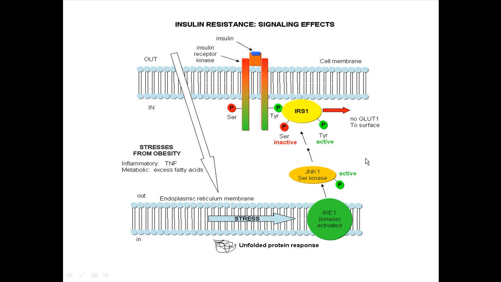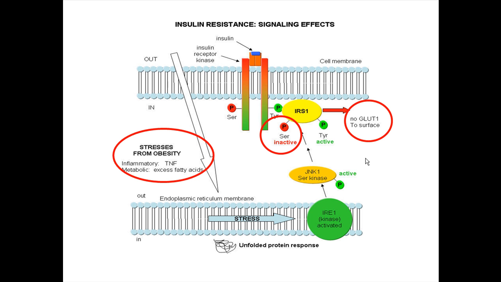But the key is the stresses are going to inactivate this, which causes no transporter to get to the plasma membrane. So this would be an indication of post-receptor defects.